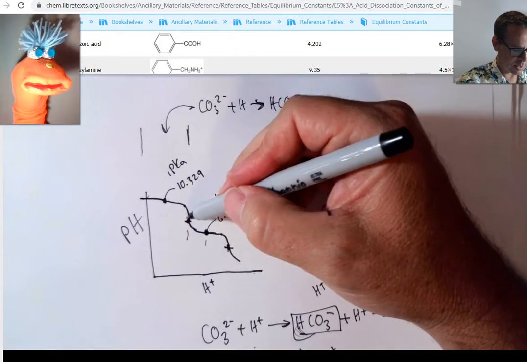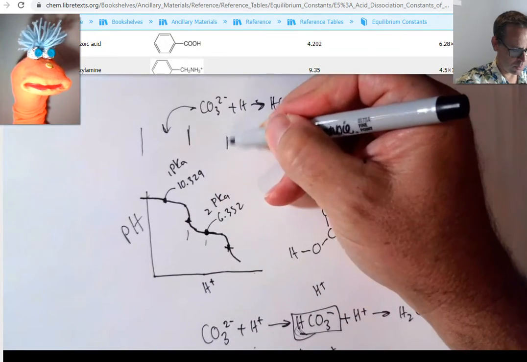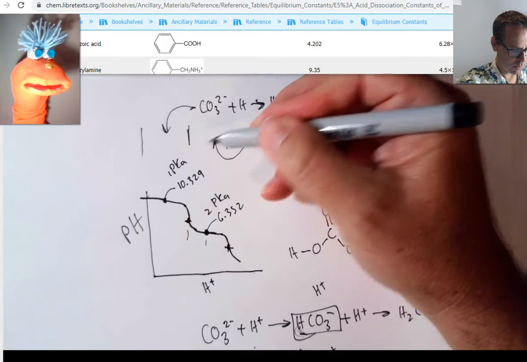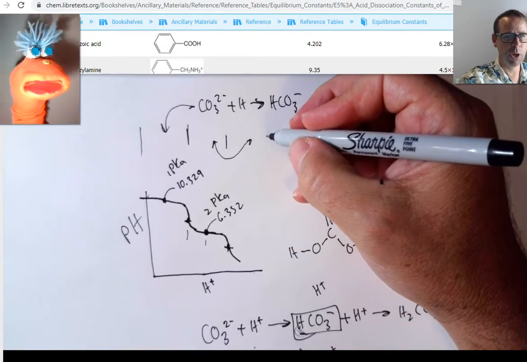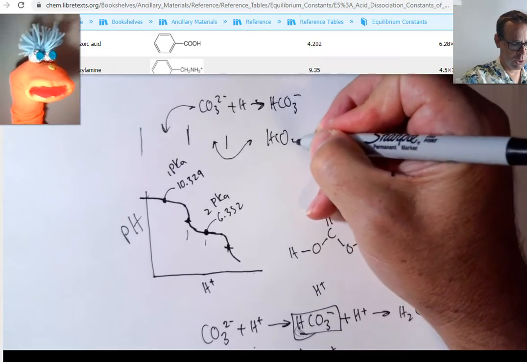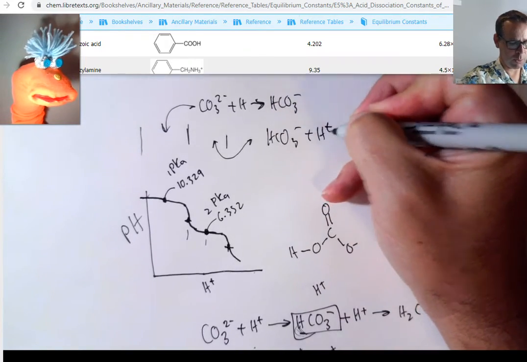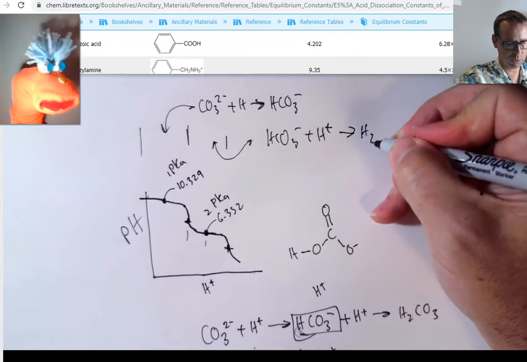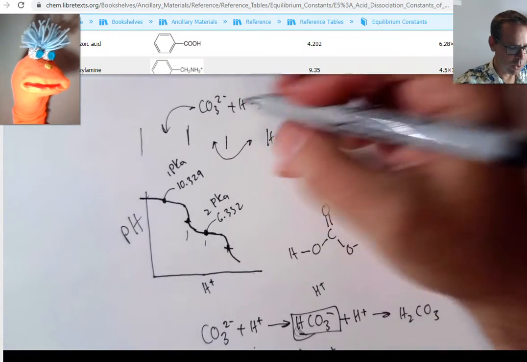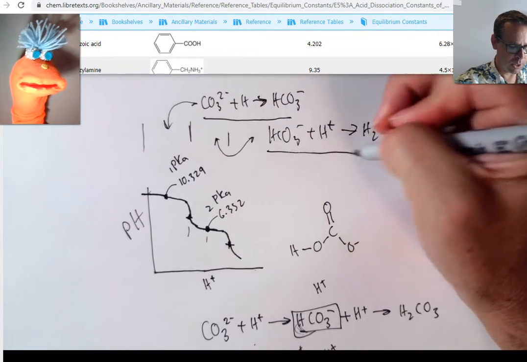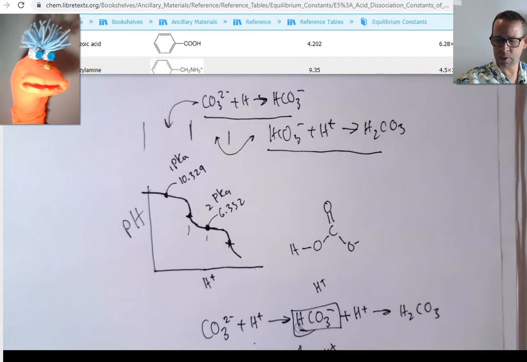This second section right here, from here to here, what's going on there? HCO3 minus is taking a proton. And what are the products? H2CO3. Very good. Excellent. So this occurs in two steps, right?